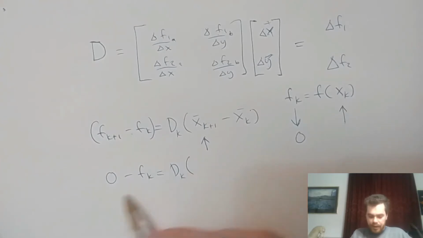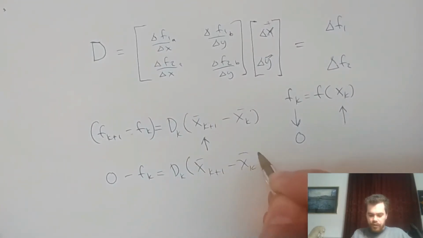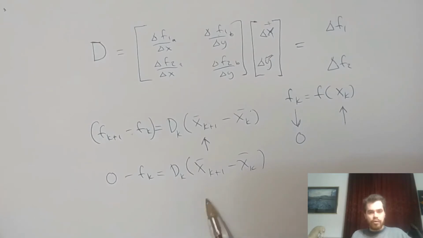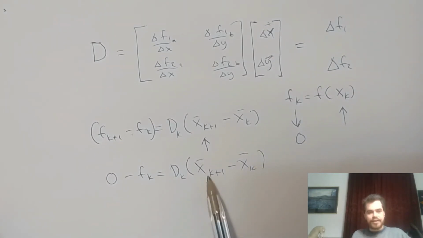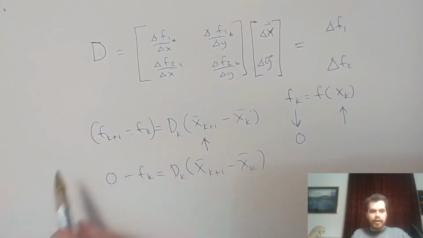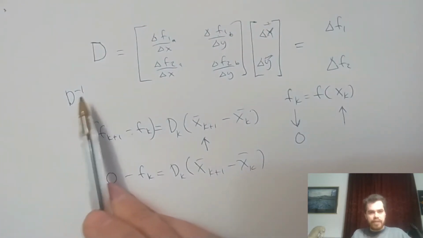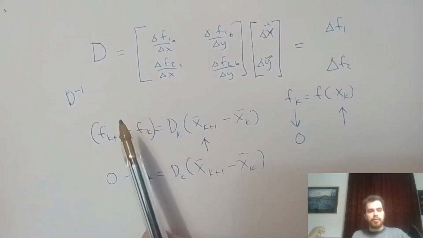So 0 minus f k is equal to D k times x k plus 1 minus x k. And then we solve for x k plus 1. The way we do that is we multiply both sides by D to the minus 1, the inverse approximate Jacobian.